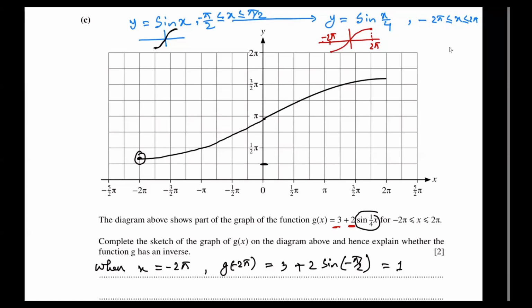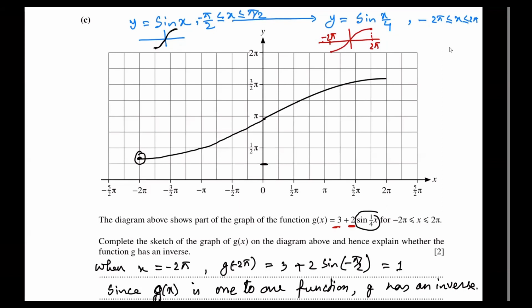So we simply state, since g(x) is a one-to-one function, g has an inverse. Okay, that's it. That's the explanation.